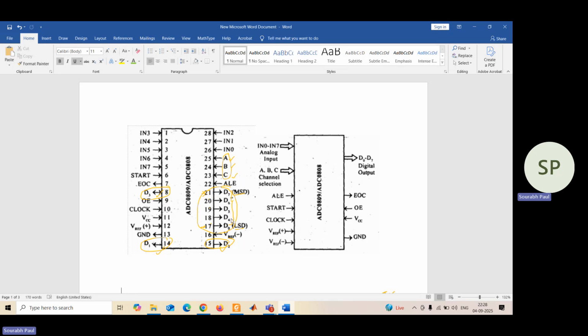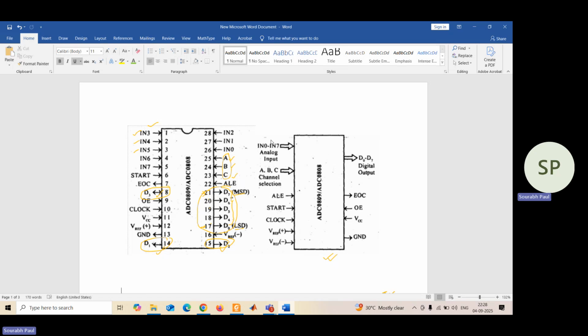Now here all the details of each of the pins have been given, but on the right side, you can see a picture given in a simplified form. So I am not going to discuss each of these lines. Rather, I will discuss the right side figure, where things are given in a simpler way.